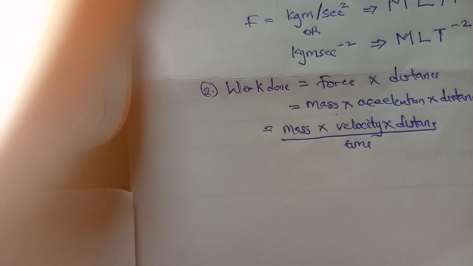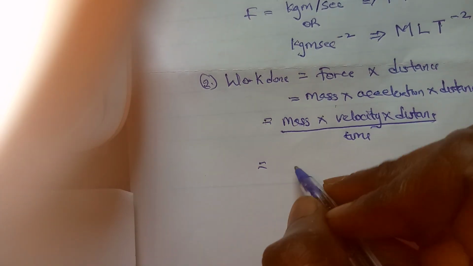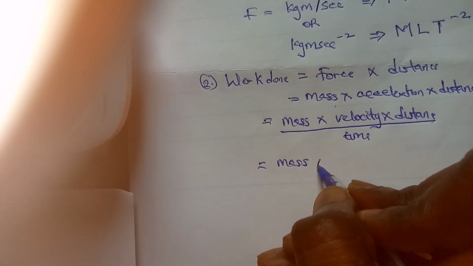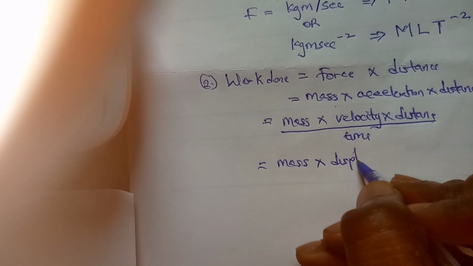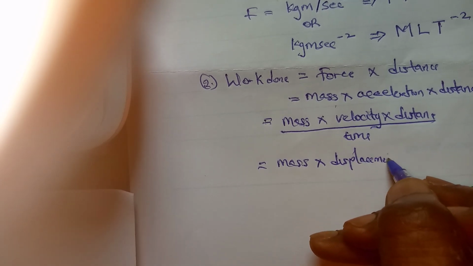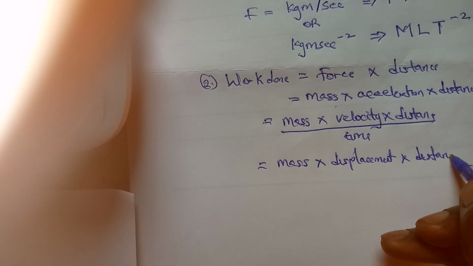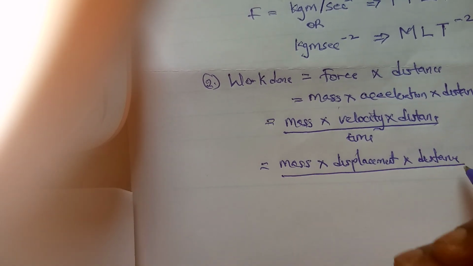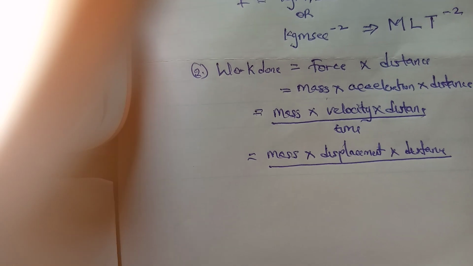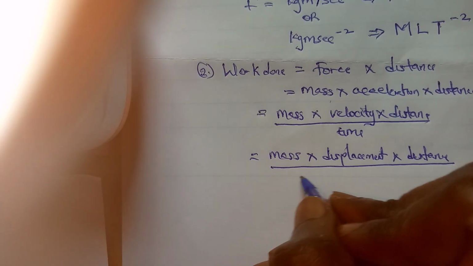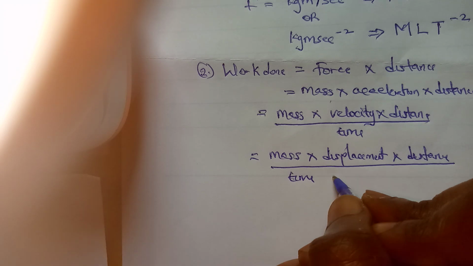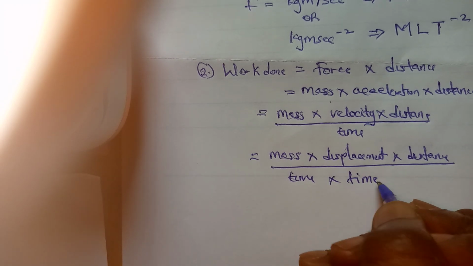Our velocity is a derived quantity, so we break it down again into displacement multiplied by the distance. So we are going to have 2 time down now, time multiplied by time.